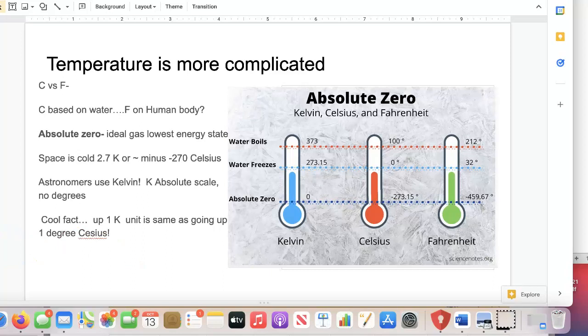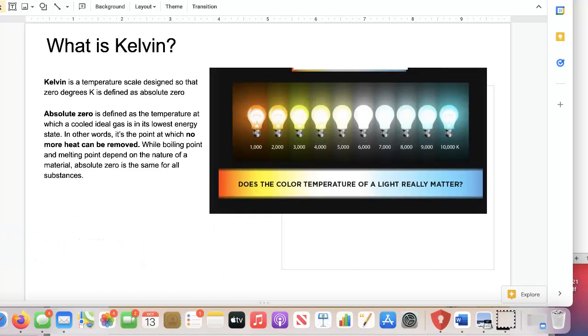Okay, so another way you may have been familiar with Kelvin is that in photography and in light bulbs that you may go by, they will have them in terms of Kelvin. And a lower, cooler light bulb is red. So red is 1,000 Kelvin.